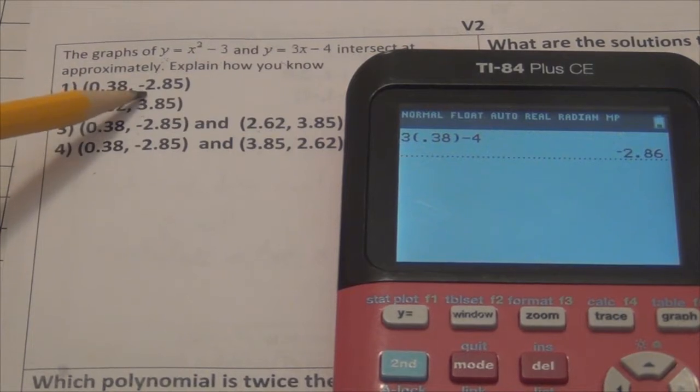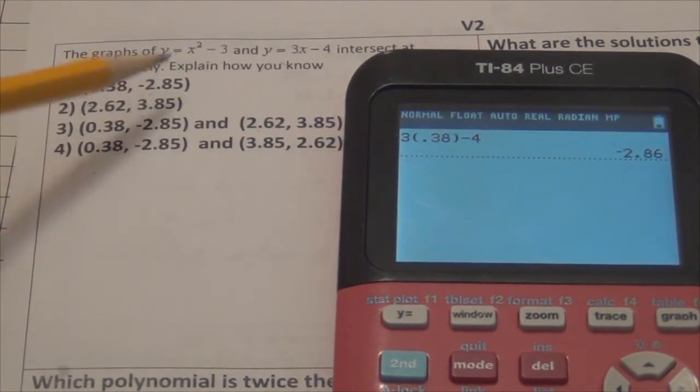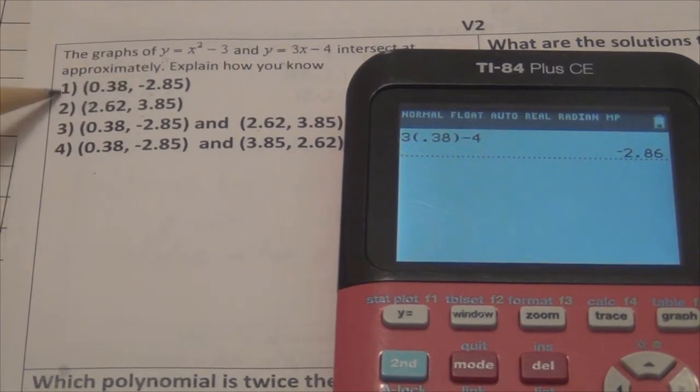And look, I get negative 2.86, and here 2.85. I guess it's an estimate, so this works. So this works for both of them. So this is one of the solutions.